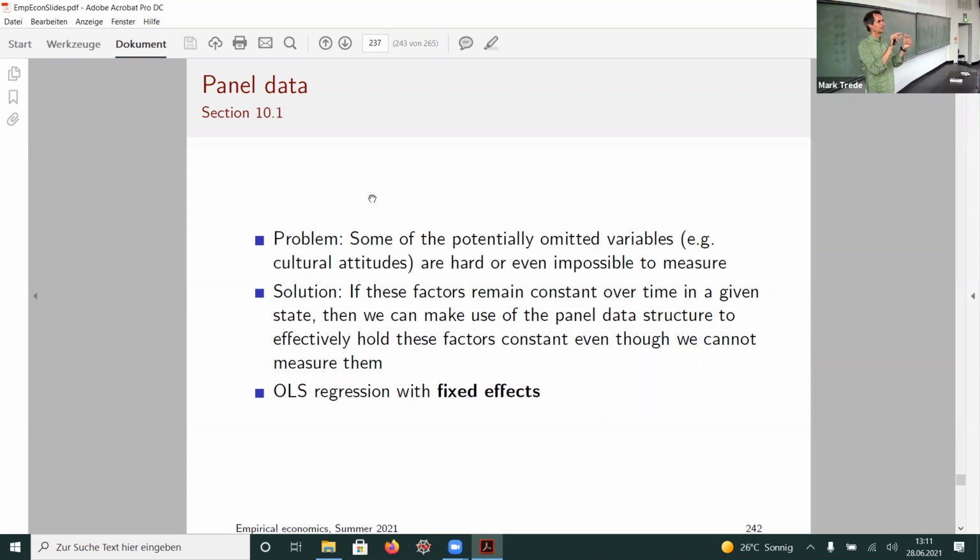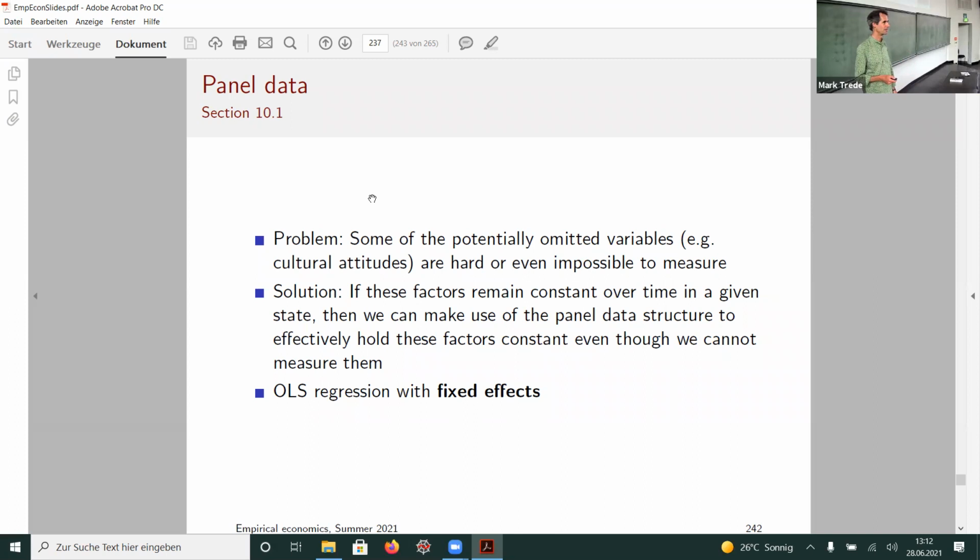So you have an ordinal scale in that case. And the regression techniques that we use don't really work if you have ordinal data. There are regression techniques, of course, which take that into account. But here, measuring the cultural attitude is at least more problematic than the other variables.